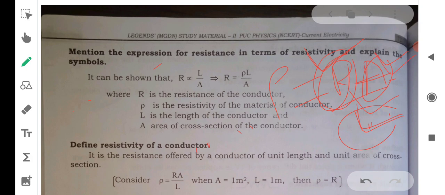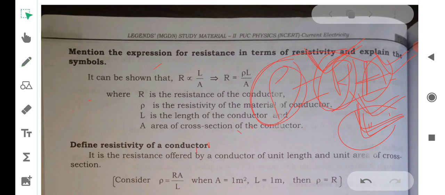Unit area of cross section per unit length, that gives the resistivity.